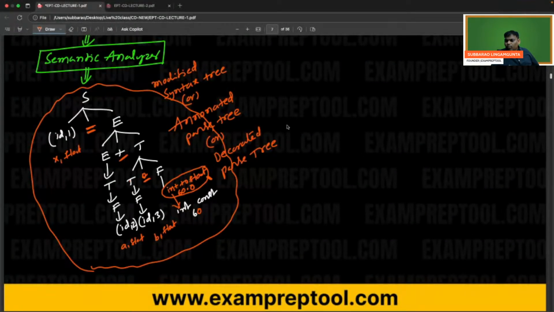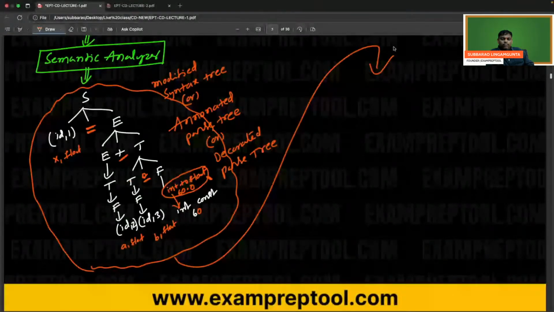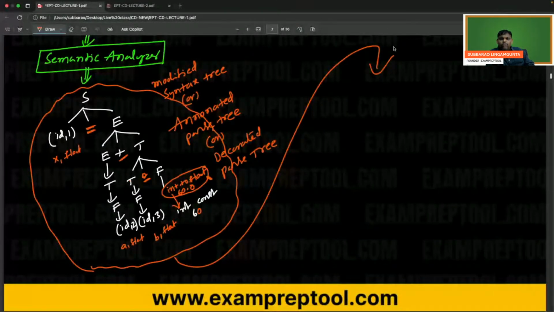Top of the tree, bottom of the tree: which will be done first? I want an answer from all of you. Make it fast.